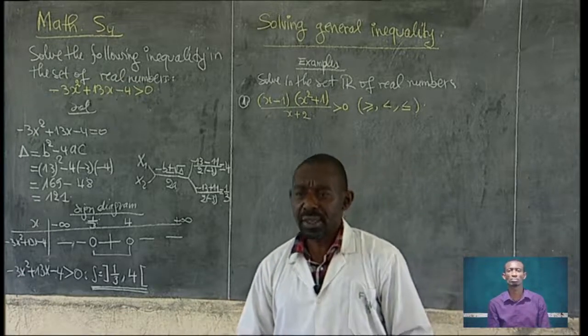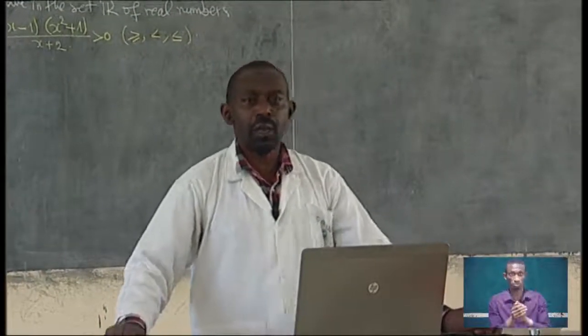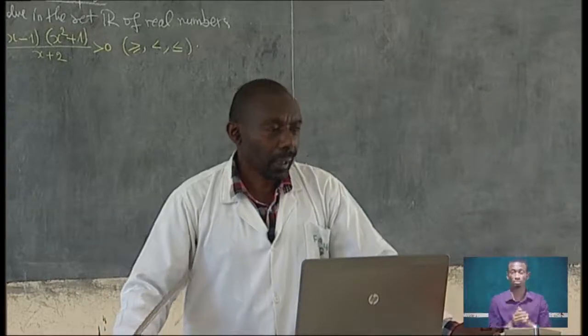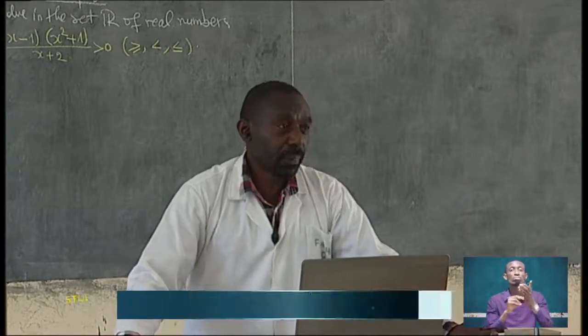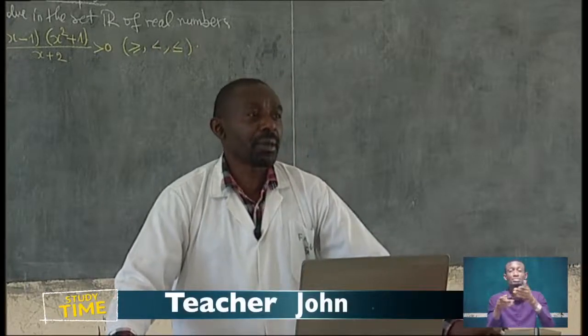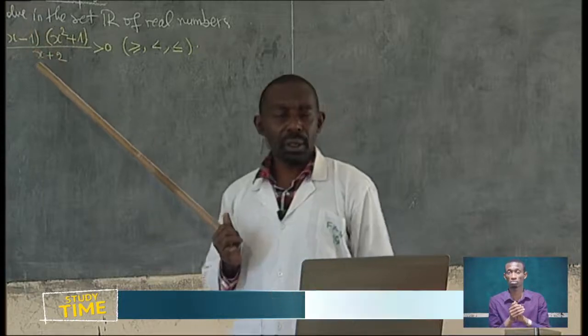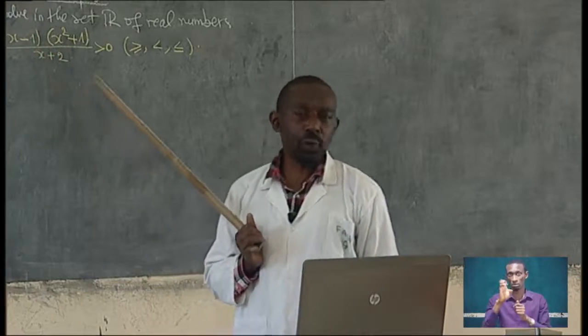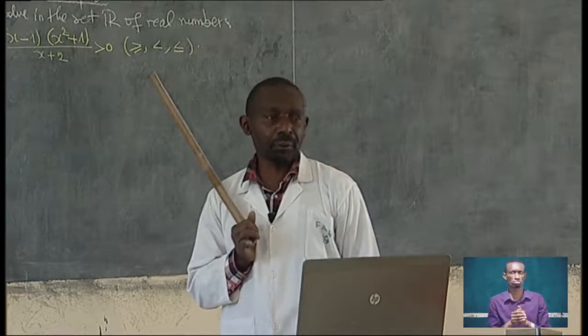So the method of solving such kind of inequality is using the sign diagram. You can have a different method, but the sign diagram is the most recommended for this kind of inequality. So let us explain a few examples.